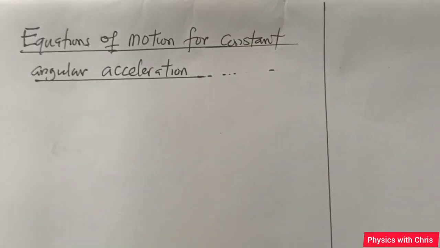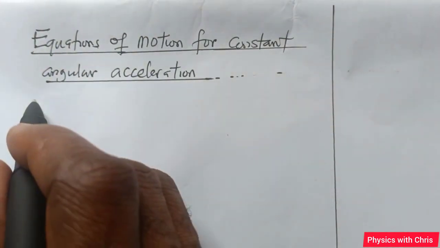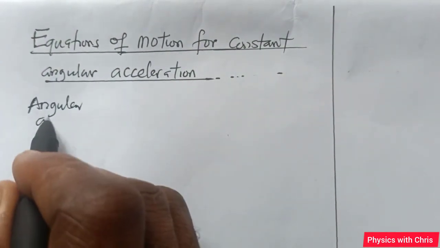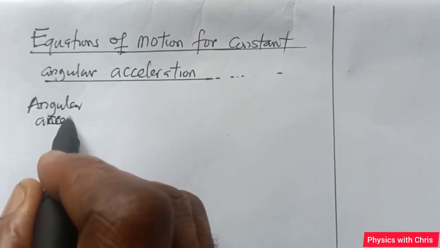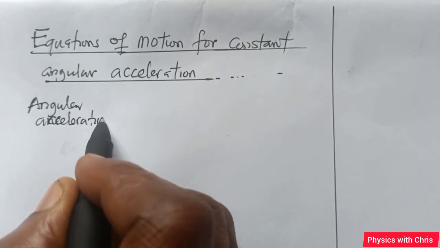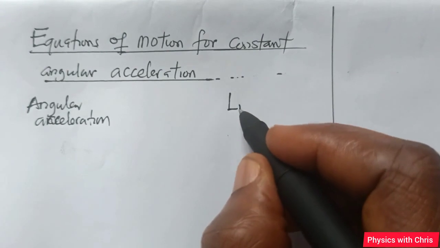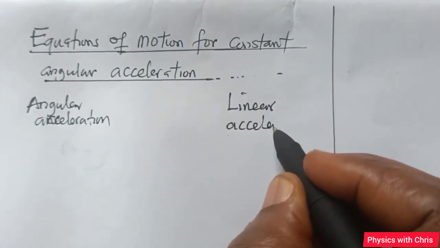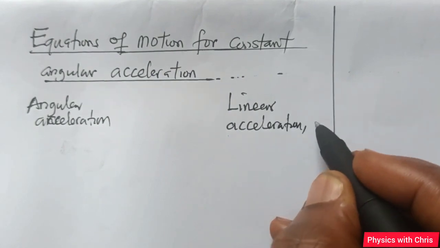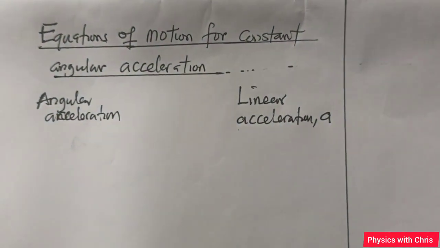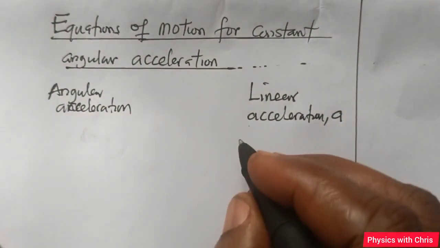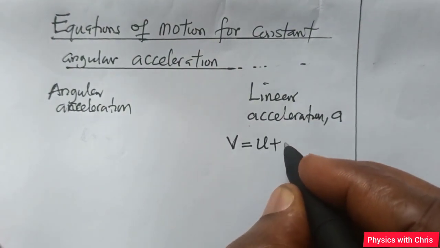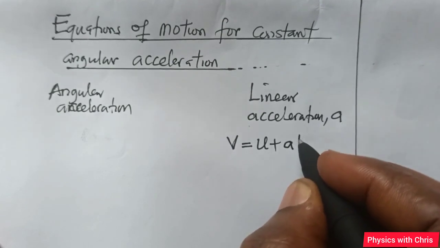Now, here I can say this is angular acceleration, okay, and this is linear acceleration, okay. This is what we commonly call acceleration in linear motion. Now, the first equation for this is final velocity equals initial velocity plus linear acceleration multiplied by the time t.